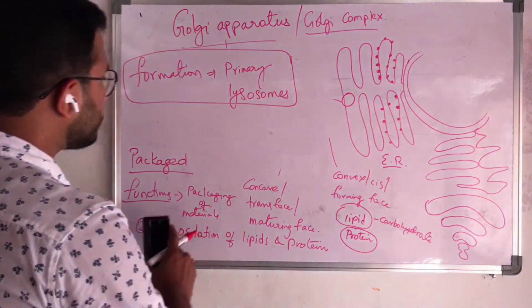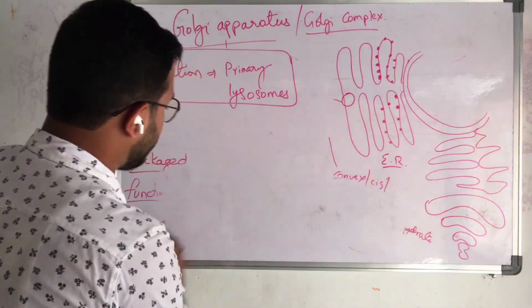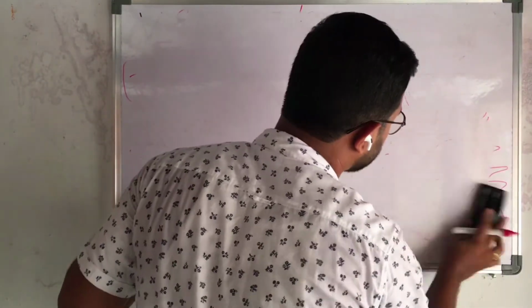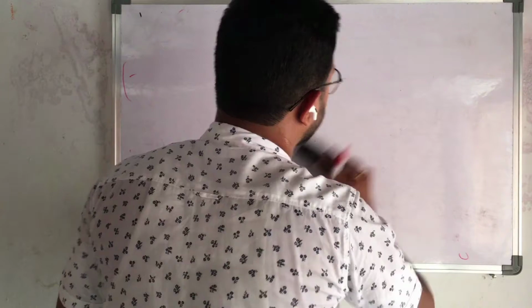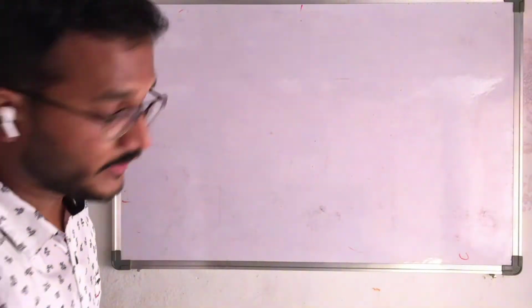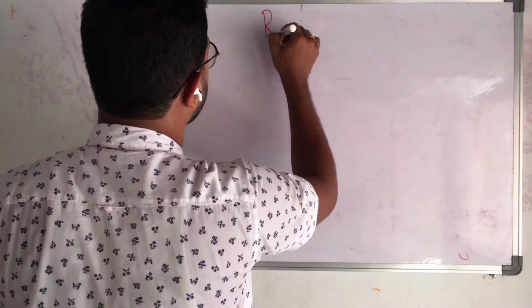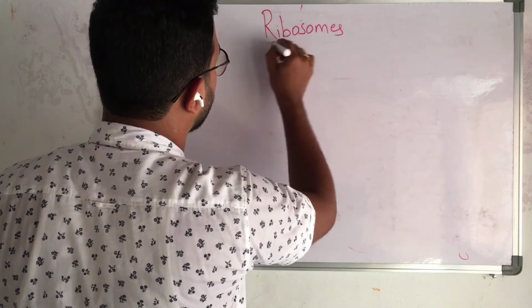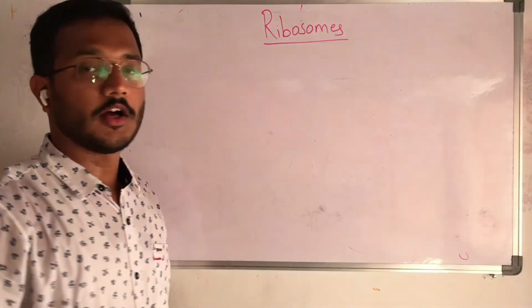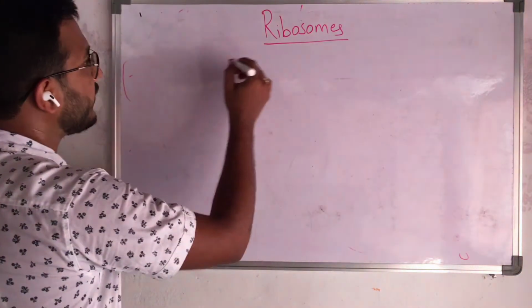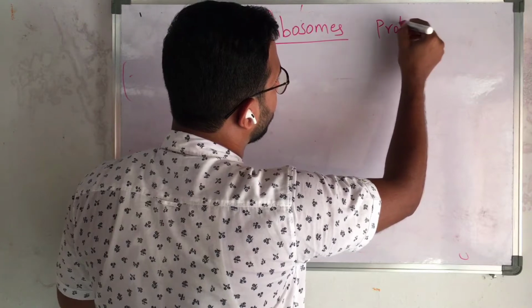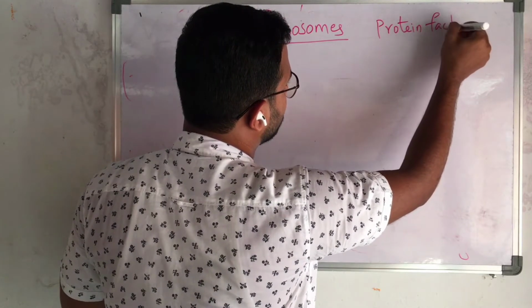Now we will see the structure and functions of another cell organelle, the ribosomes. These are also very important. Ribosomes are also called protein factories.